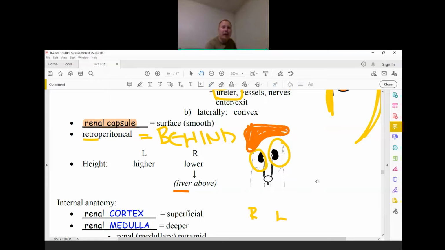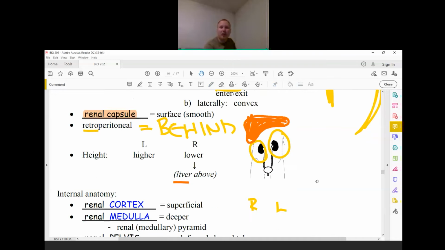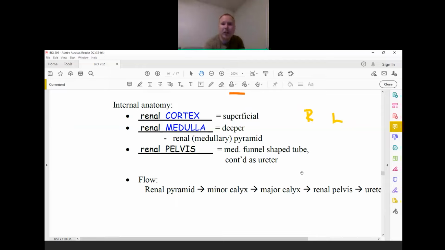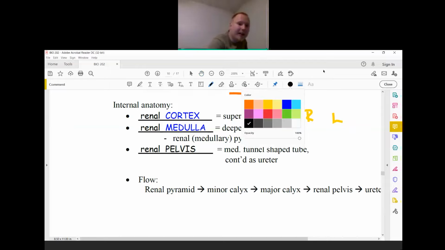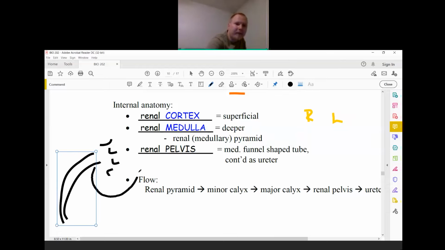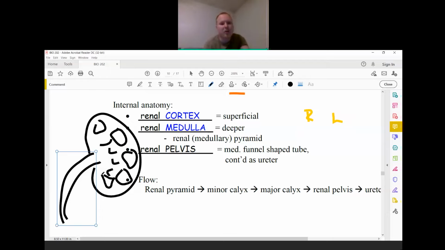Now we're going to look at the internal anatomy of the kidney. To go through that, I'm just going to do a quick sketch for us, and then we're going to use that to guide our discussion of what we're actually seeing. So let's do this quick sketch here, and we're going to color the structures and go through them.